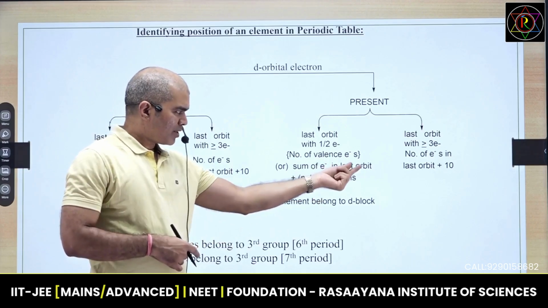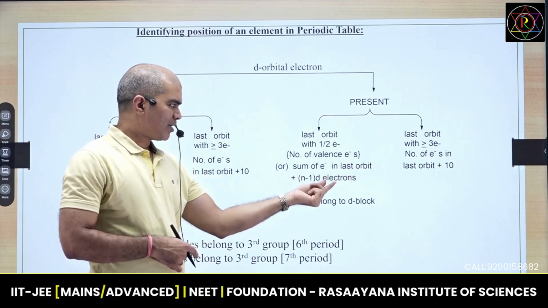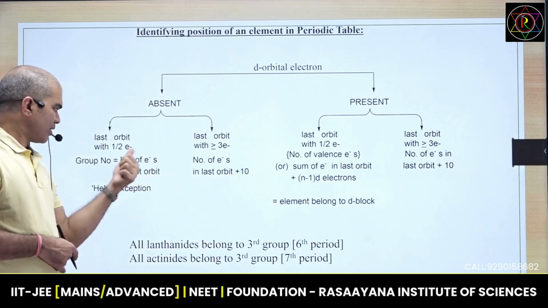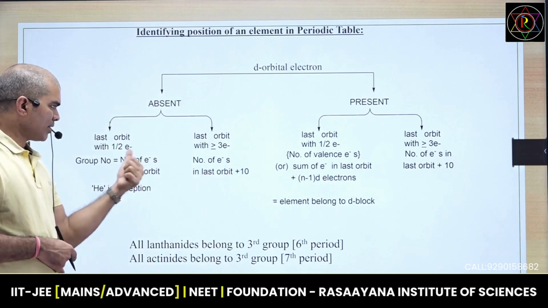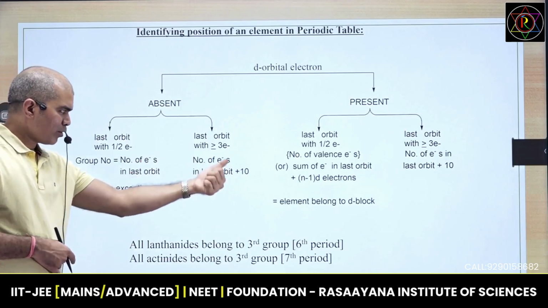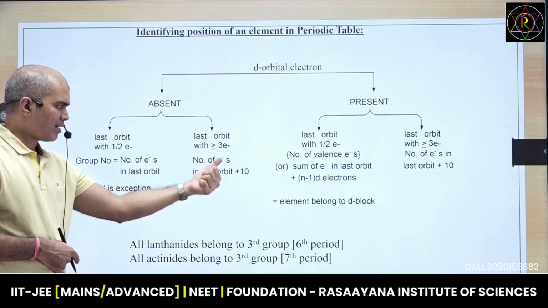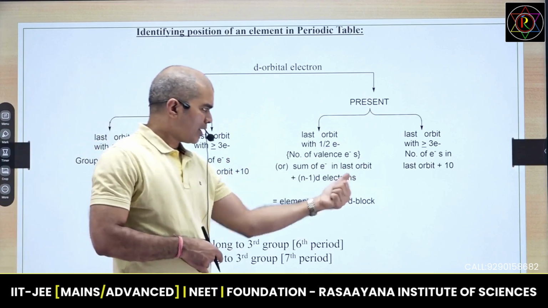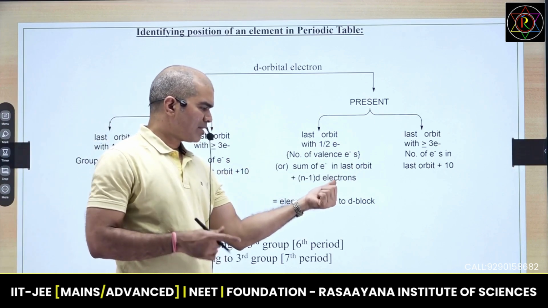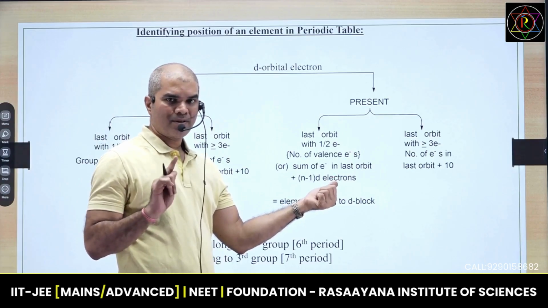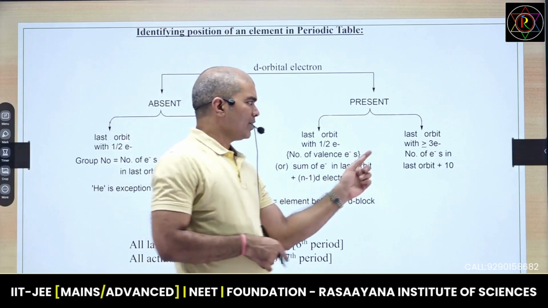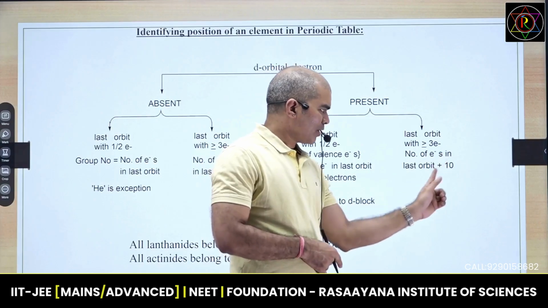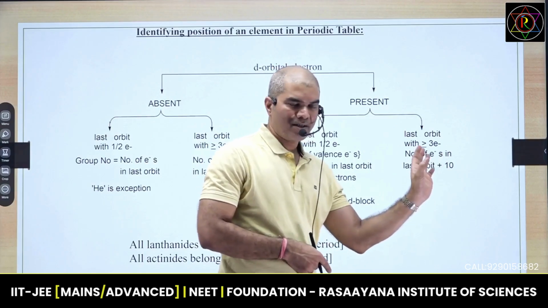The number of electrons in the last orbit plus the number of d electrons. Previously it was the number of electrons in the last orbit, then the number of electrons in the last orbit plus 10. But now it is the number of electrons in the last orbit plus the number of d electrons. And in the last case, it is the number of electrons in the last orbit plus 10.